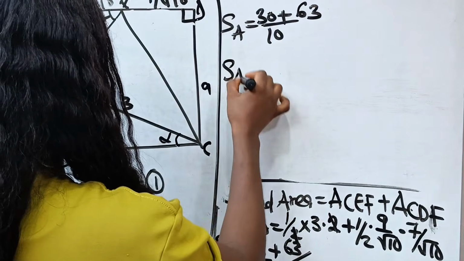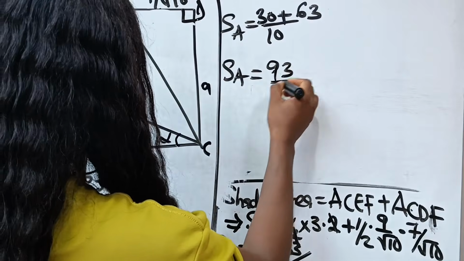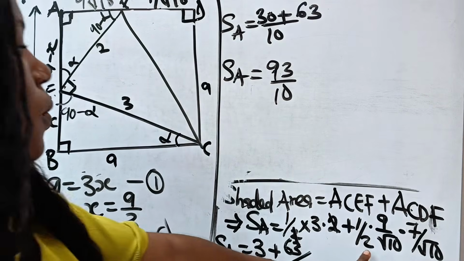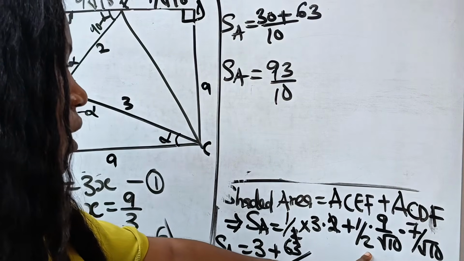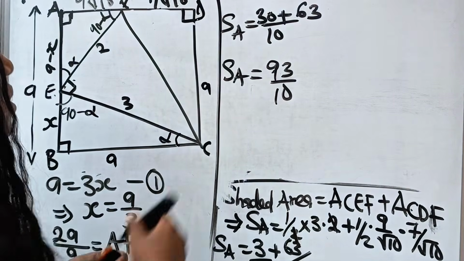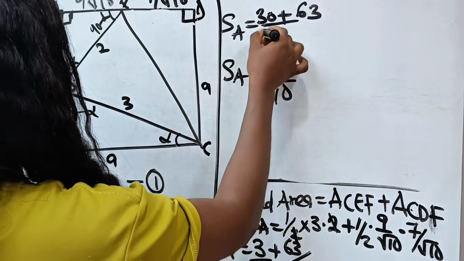So we have the shaded area is 93 over 10. I hope I'm not wrong. Oh, we have to remain in here. Okay, so this should be 2 times 10, which is 20. So this should be over 20, and this should be 20.